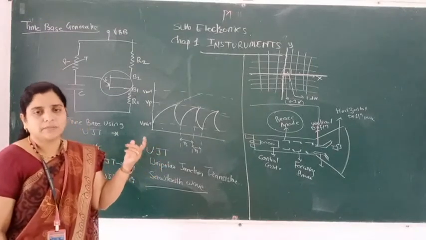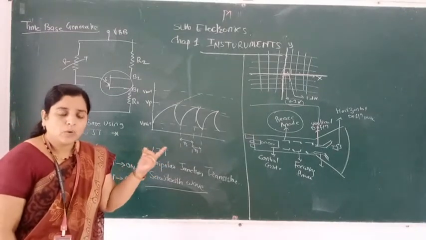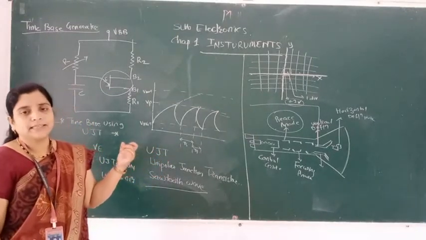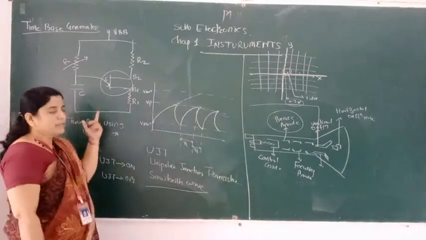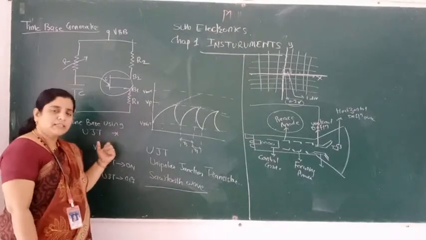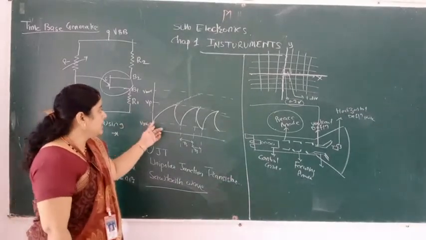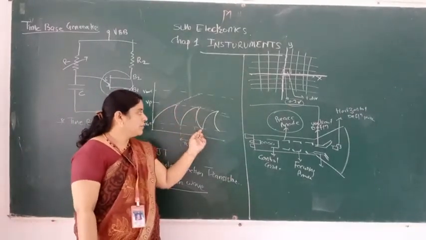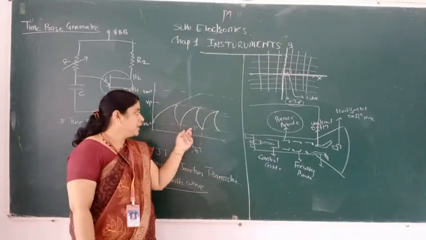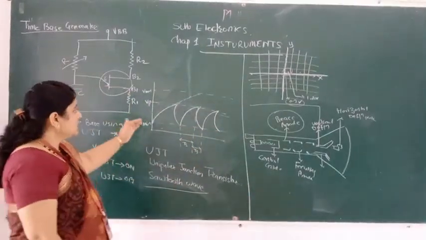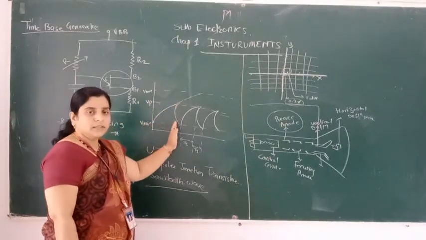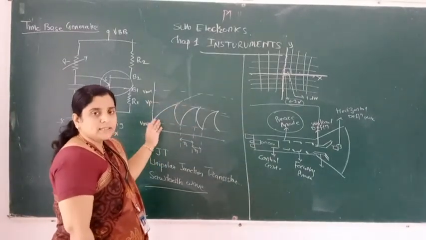If the capacitor is charged, the voltage across the emitter will increase, then the UJT will be on. Similarly, if the capacitor is discharged, then the UJT will be off. On and off will happen like this. Therefore, the waveform will be observed in this form. This form of the waves is called a sawtooth wave.